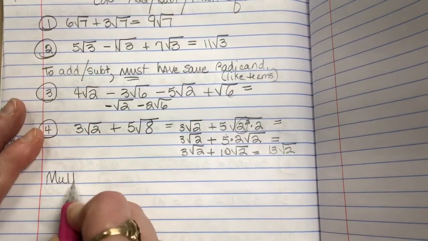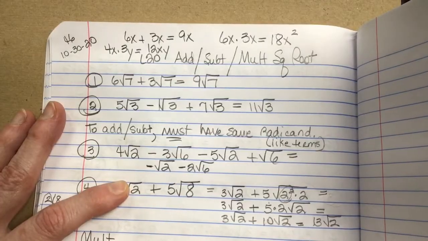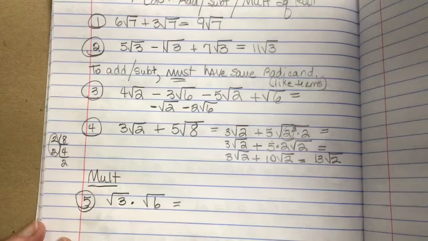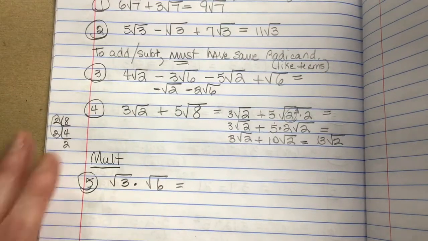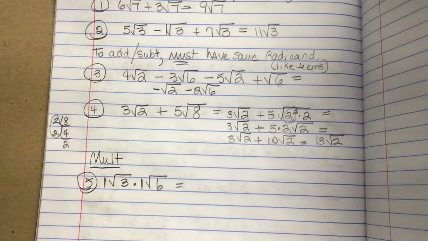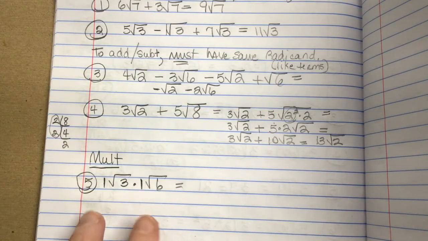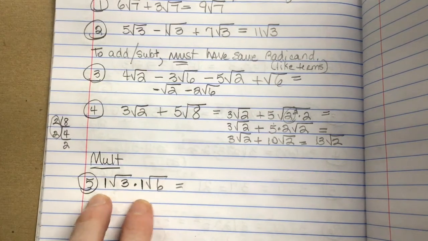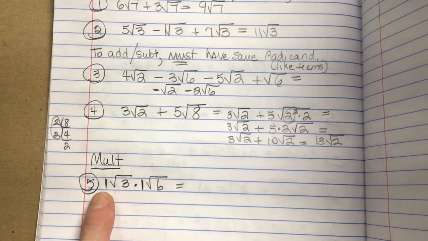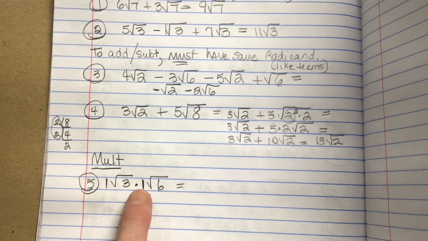Let's multiply. Square root of 3 times square root of 6. Multiply the rational parts. Now, we mentioned a little bit the other day that when you simplify a radical, you've got irrational and you've got rational. So in this case, there's an understood 1 outside.